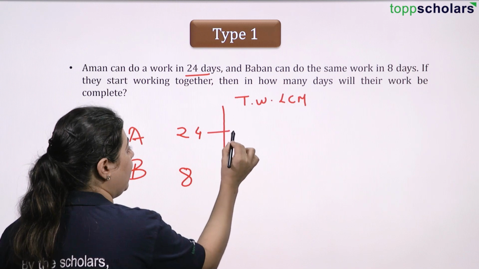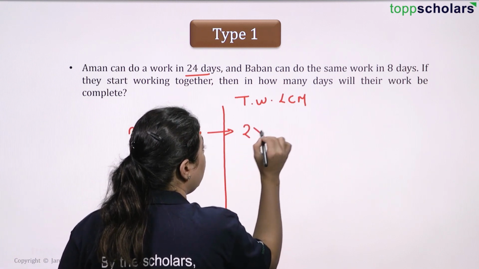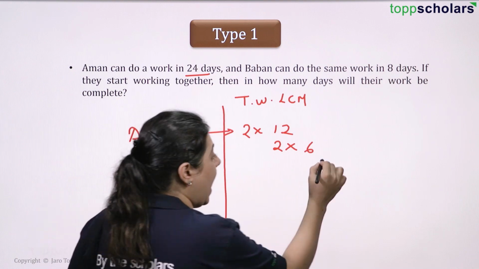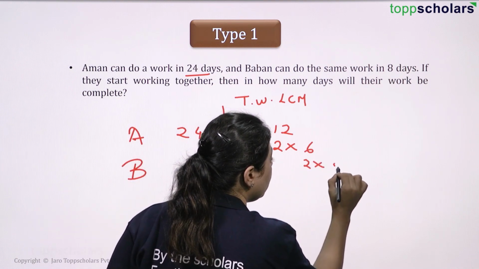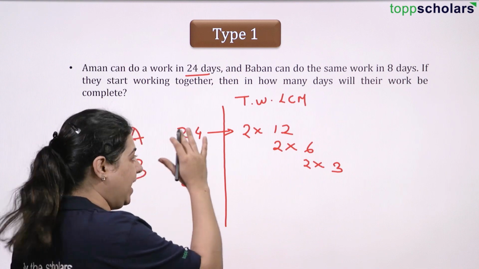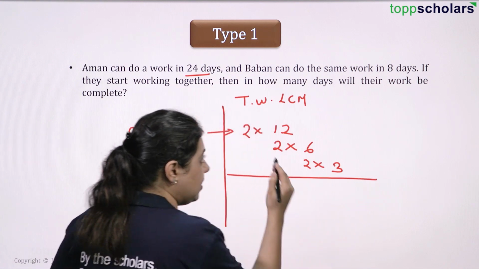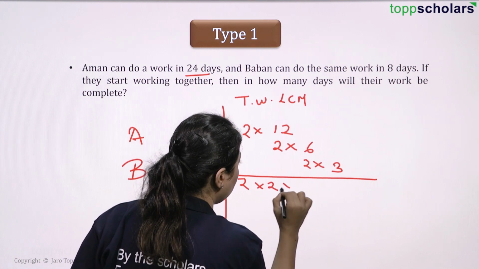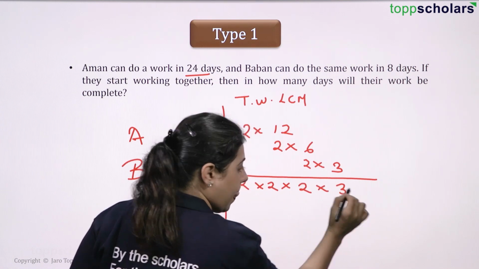We see for 24, it is 2 into 12. Now, 12 is 2 into 6, okay? And 6 is 2 into 3. So, for 24, the factors would be 2 into 2 into 2 into 3, correct?